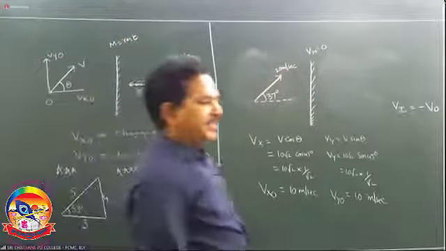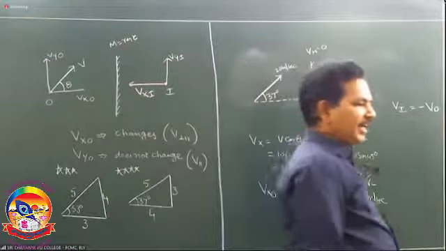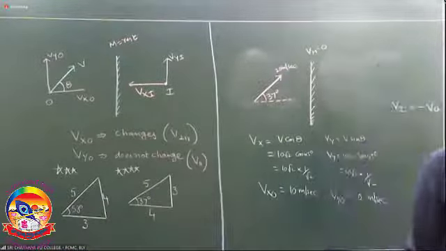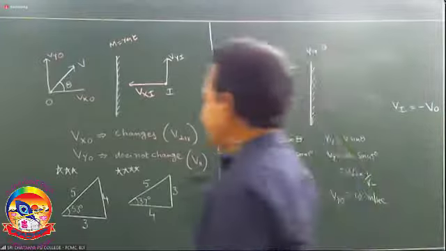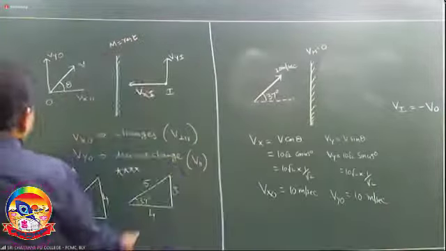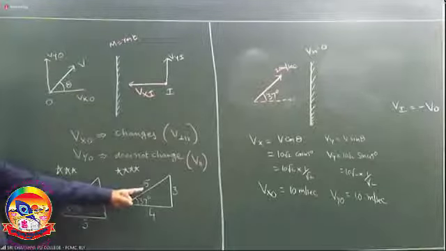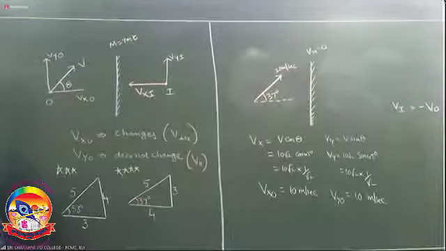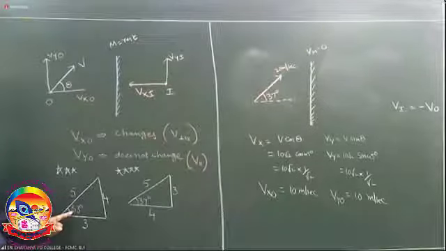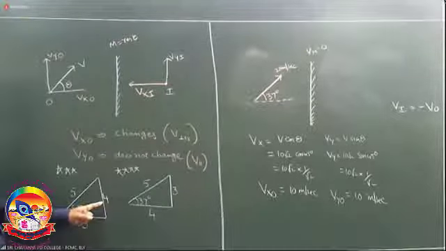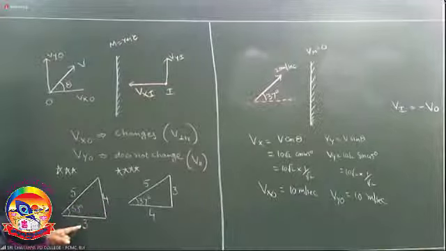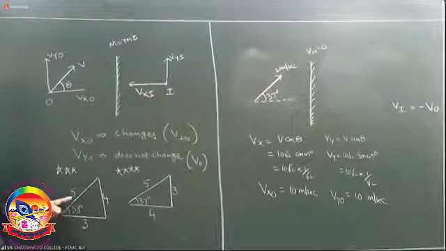If it is 37 degrees, opposite side 3 units, adjacent side 4 units, hypotenuse 5 units. If it is 53, opposite side 4, adjacent side 3, hypotenuse 5.